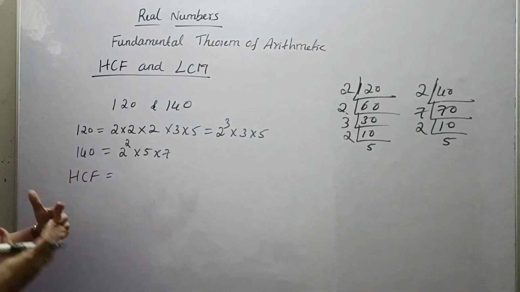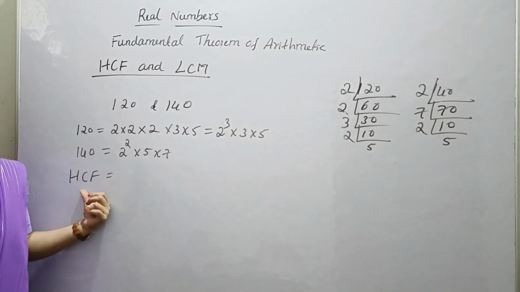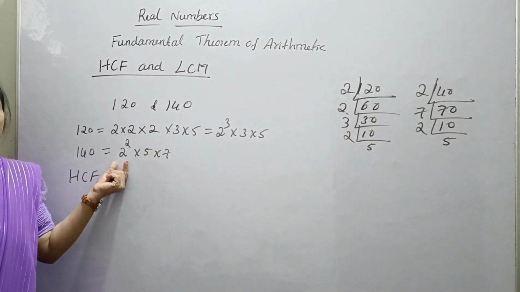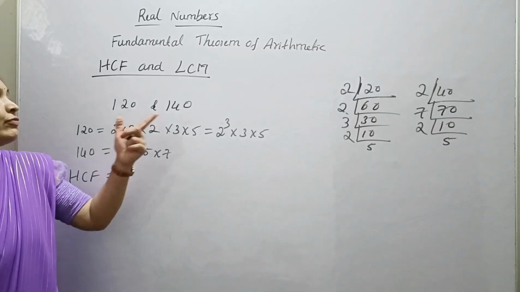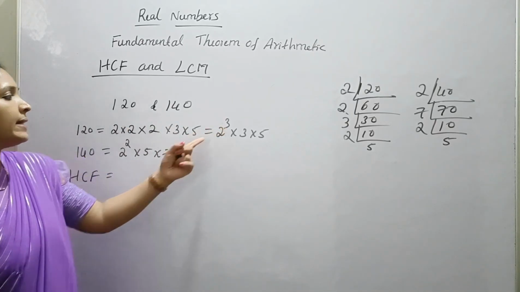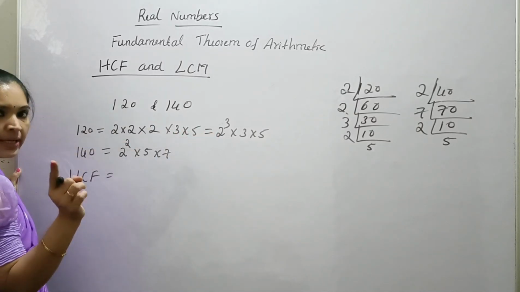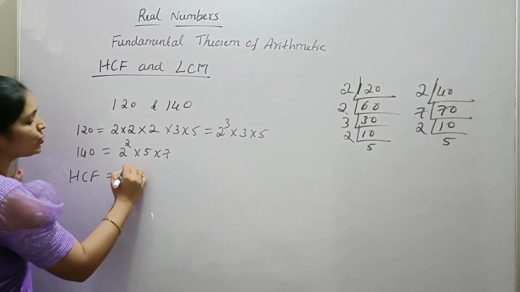Here you have to write the smallest power of each common factor involved in these numbers. 2 is the common factor and the smallest power is 2. Therefore, 2 raised to 2.